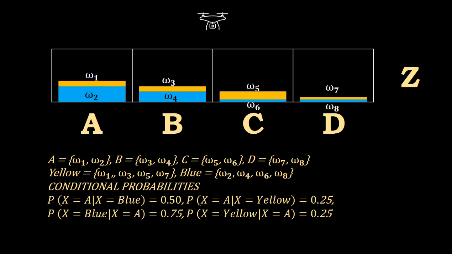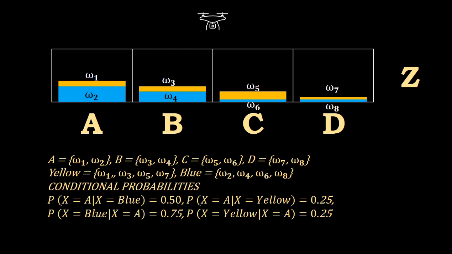Now, this seems very similar to the previous one. So what's the probability that the drone landed in blue, given that we know it landed in A? So now, that's why conditional probabilities are very difficult. This has nothing to do with the previous one, which is the probability of the drone landing in A, given that we know it landed in blue.